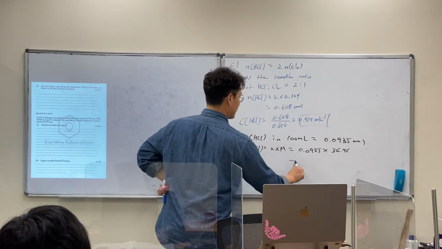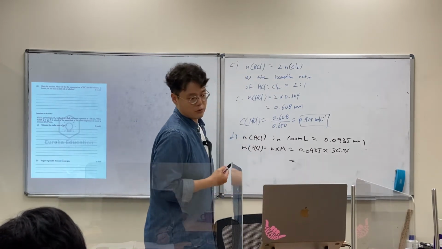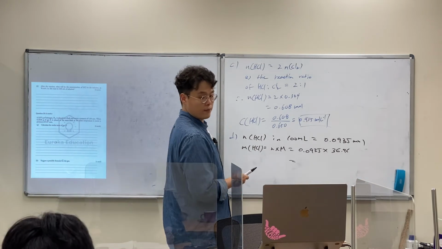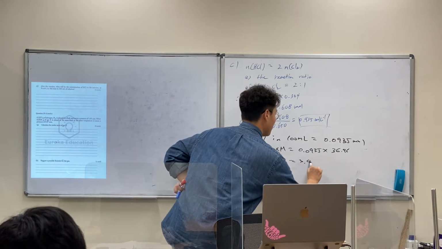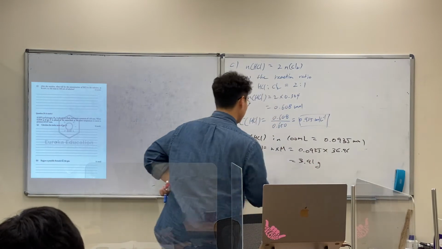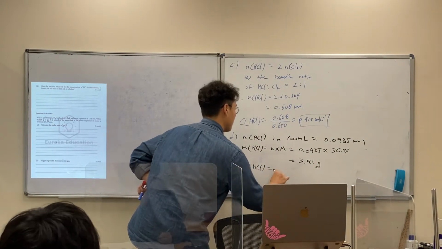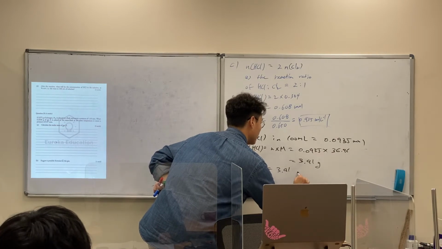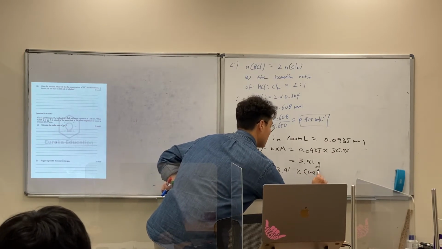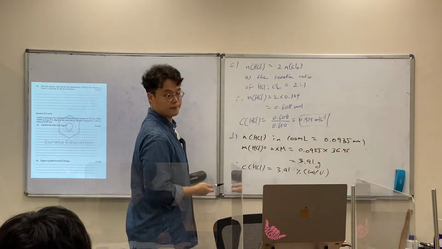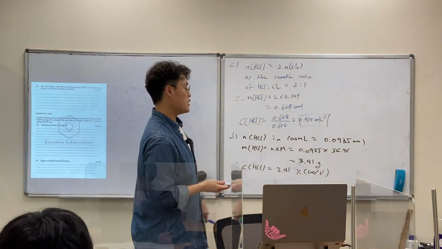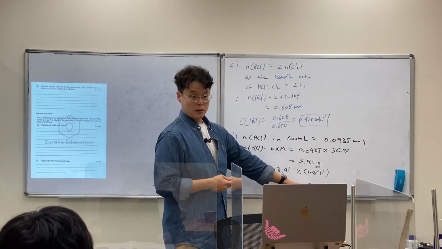And if you're missing any of the lines in here, then you're losing your mark. So that would be 3.41 gram. Therefore, the concentration of the HCl in the percentage value is 3.41% in mass per volume. This is what you need to write in the final sentence.